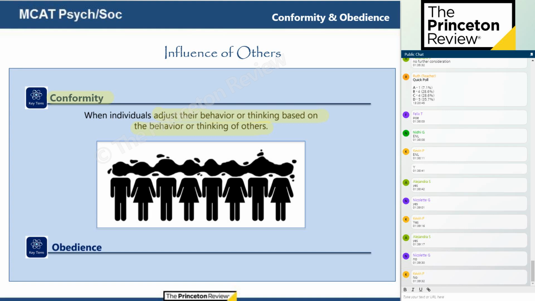Okay, obedience is when we comply with explicit instructions or orders from an authority figure. These two go hand in hand. Obedience is a form of conformity.